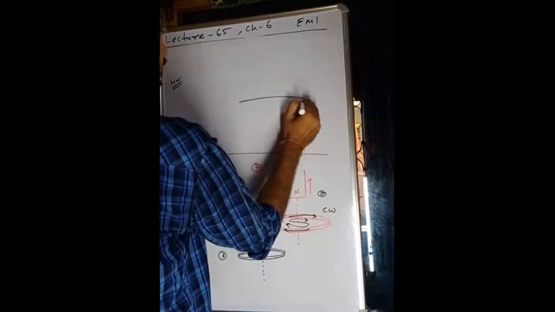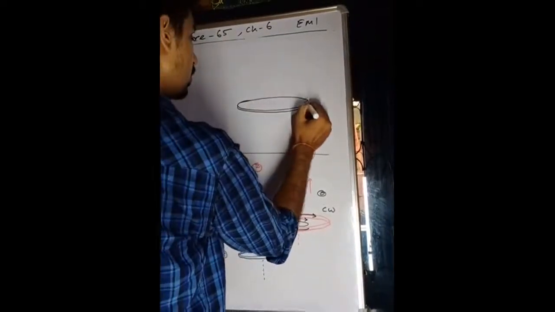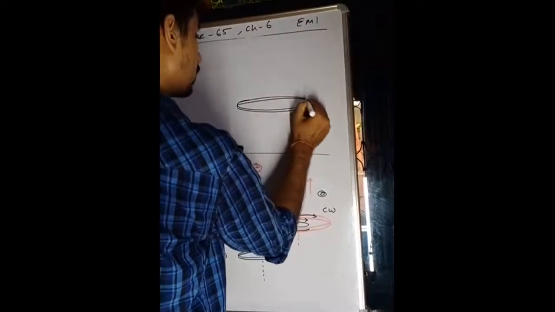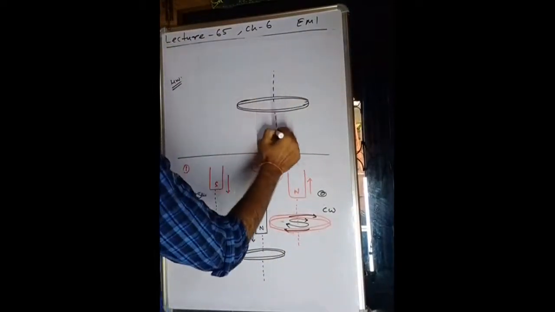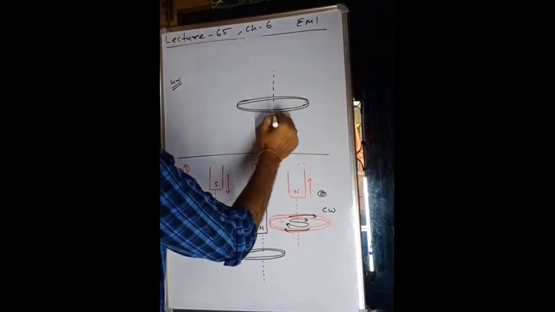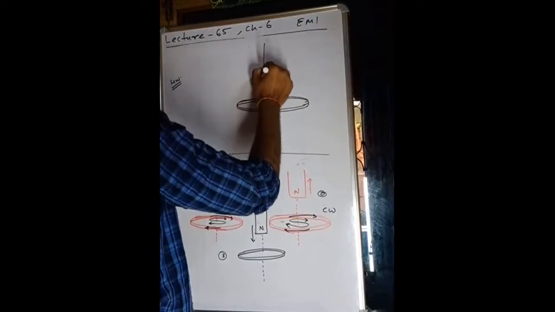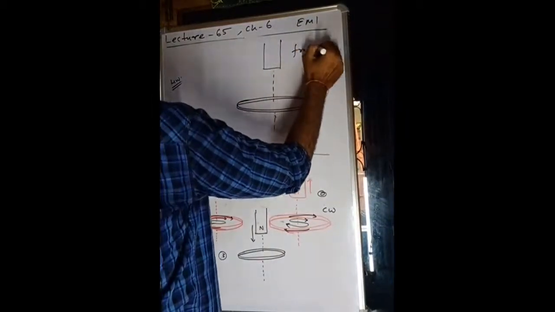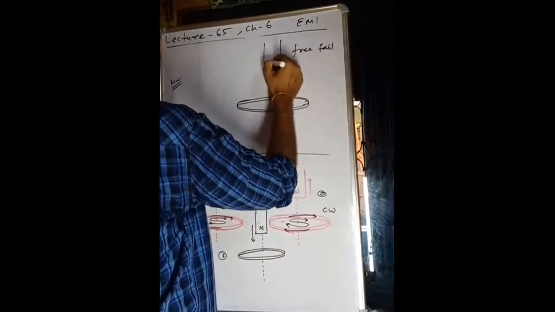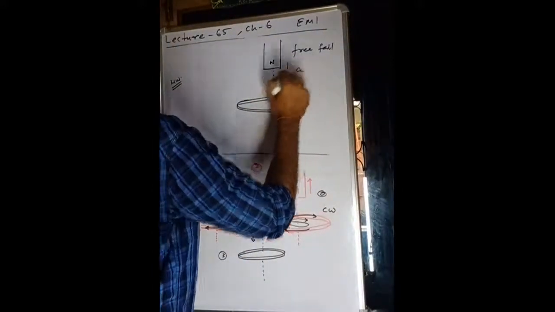Here, this is a coil. This space is empty. A magnet is freely falling, suppose north pole first, with an acceleration a.